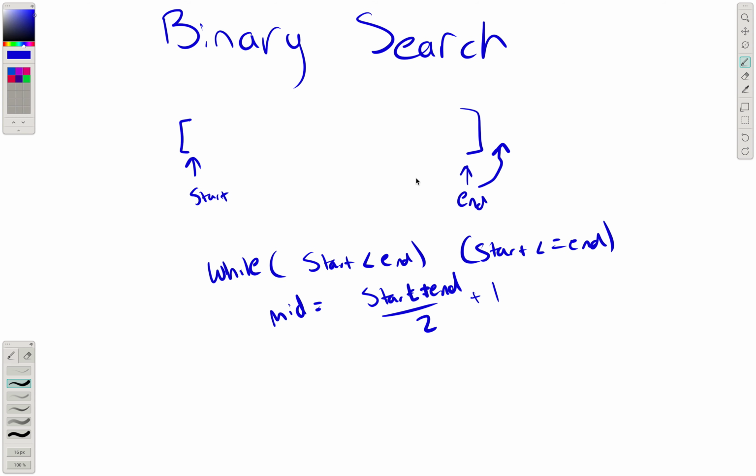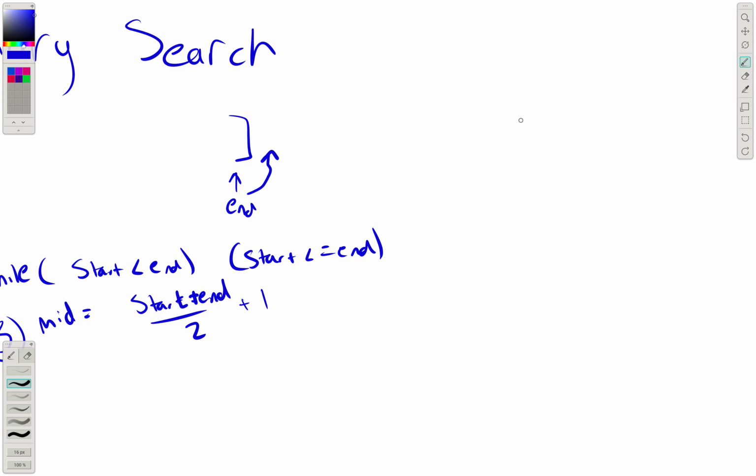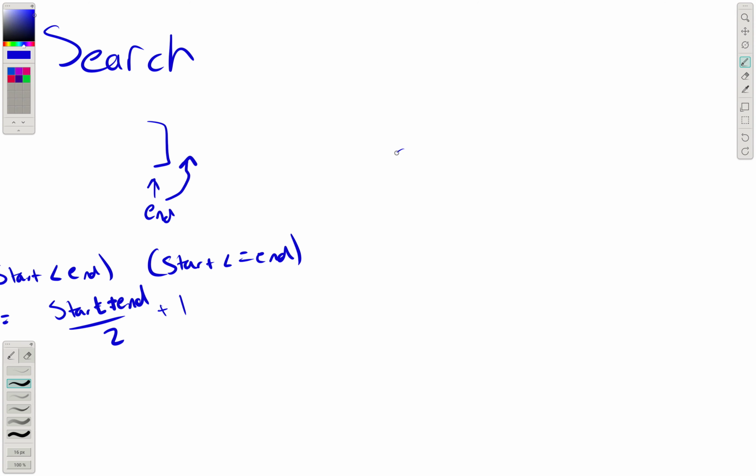Okay, so let me label this as the 3 confusing parts of binary search. You have what to put the start and end. Let me write this out a little bit more programmatically. So we have start gets 0, end gets length. This is pseudocode. I'm going to do -1.